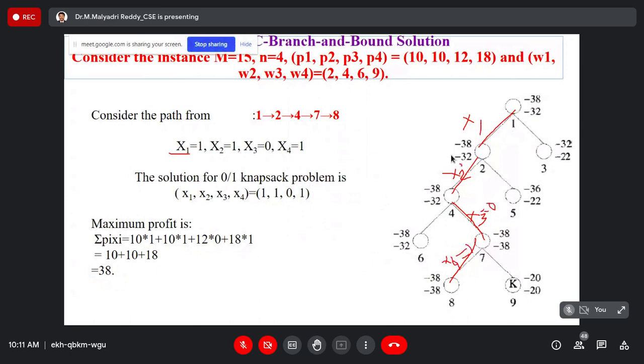This is the solution space, 1 1 0 1 of selecting elements. Corresponding profit is the sum of PiXi, sigma of PiXi. Then we get the profit as 38.